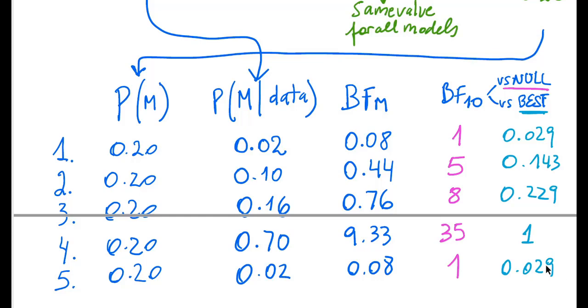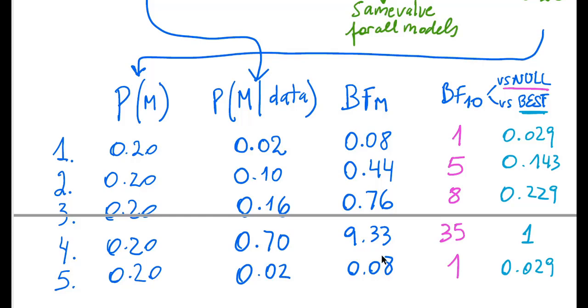Now, what is this saying? This output is telling us that the best model, which is a model that is 35 times more likely than the null, is the model that receives more evidence.